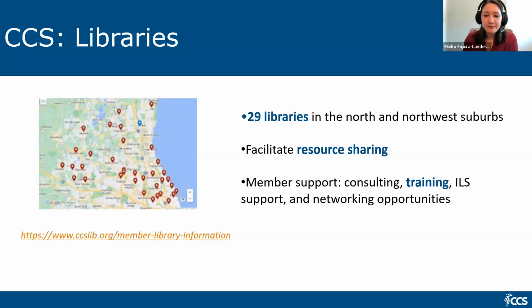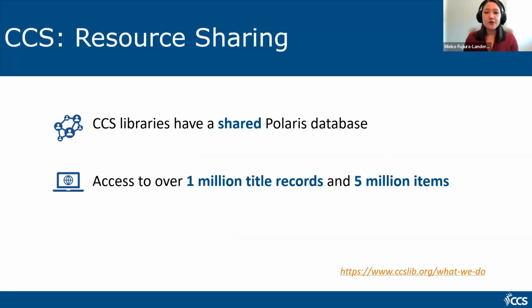Some major benefits of being part of this network, this consortium, are that it facilitates resource sharing as well as access to member support. To facilitate this resource sharing, CCS libraries all have a shared database, which is our Polaris ILS. In Polaris, we have over 1 million title records and about 5 million items.